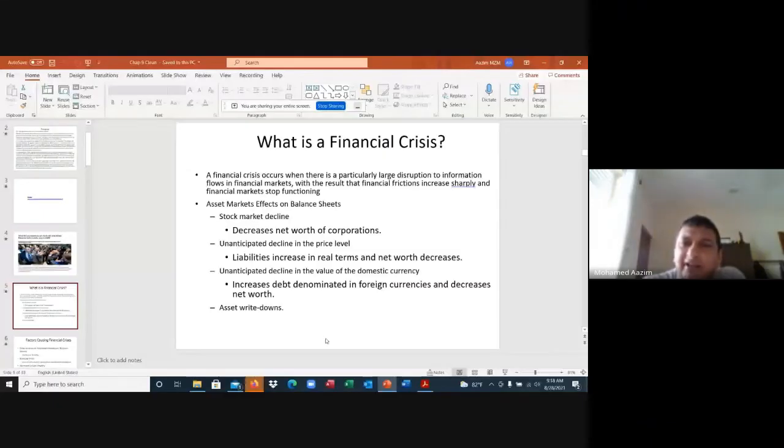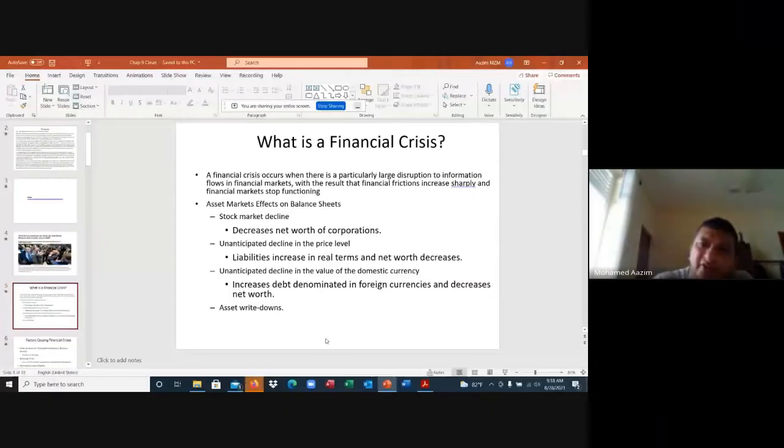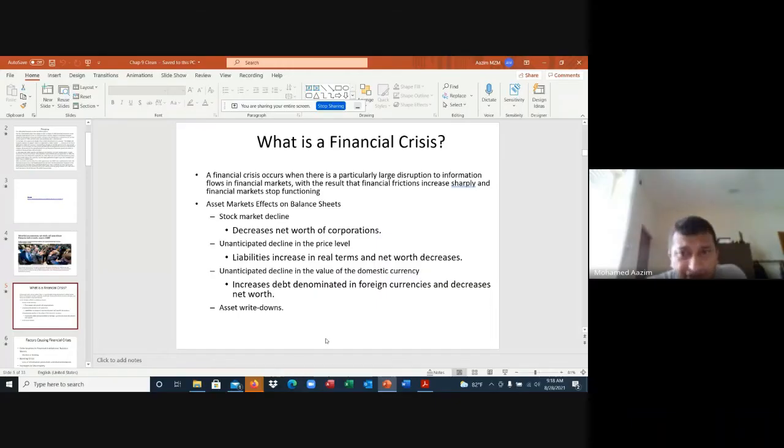As a result, what you are seeing here is the large disruption to information flows in financial markets. The financial frictions increase sharply, and financial markets stop functioning. I mean, financial frictions, fault lines. Everywhere you find the cracks. We'll get into greater details as we move on. But interestingly, that increases sharply and markets are not functioning.